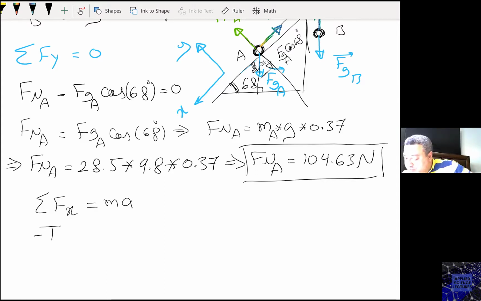Now I am projecting this F_gA on the x-axis, so F_gA will be cosine 22. So minus T plus F_gA cosine 22, because the angle here is 22 and I'm projecting it on the x-axis.